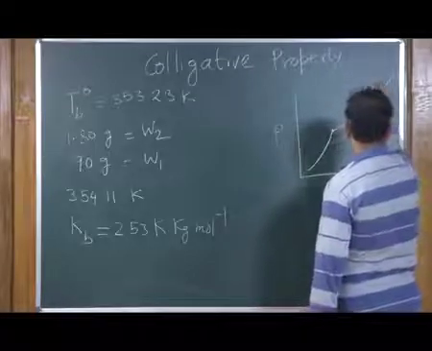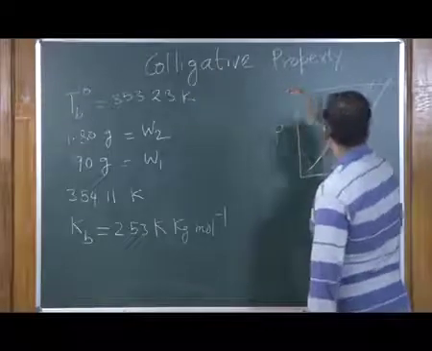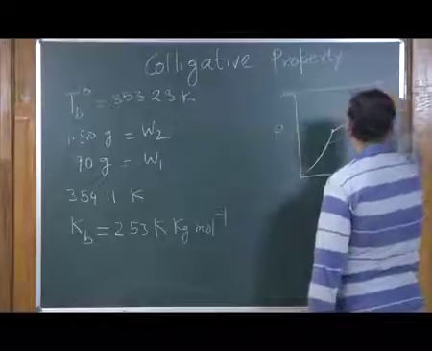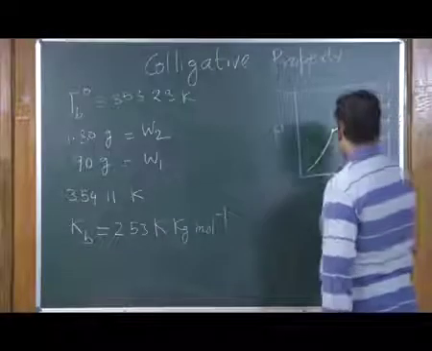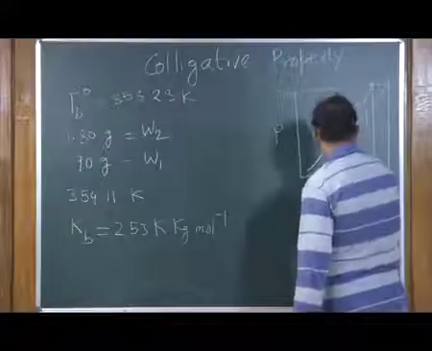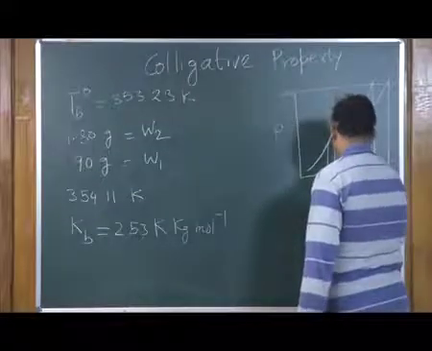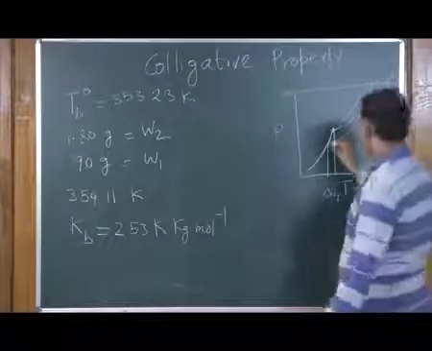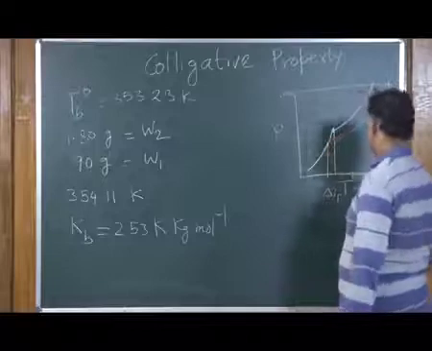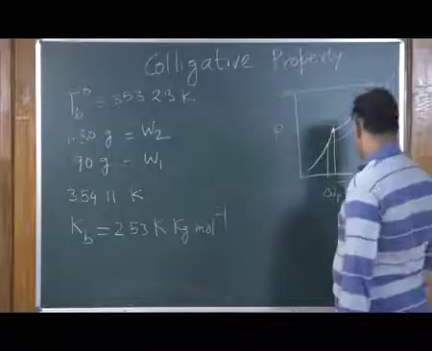So, initially, this was the 1 atm line. So, this was the boiling point, this is the change in the boiling point, and the same way we are going to have a change in freezing point. So, this was the normal freezing point, and this one is the freezing point of the solution.